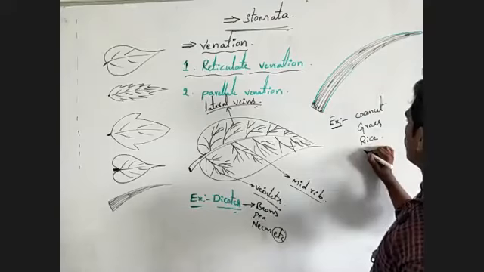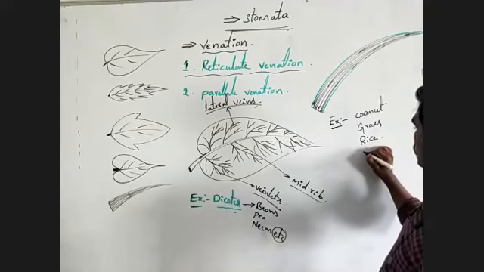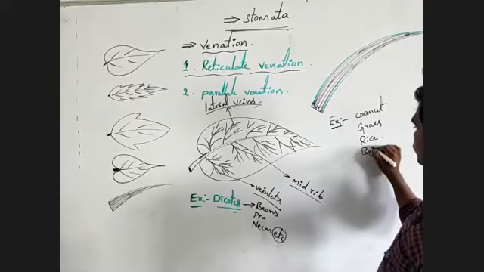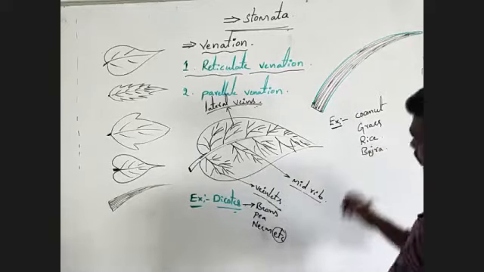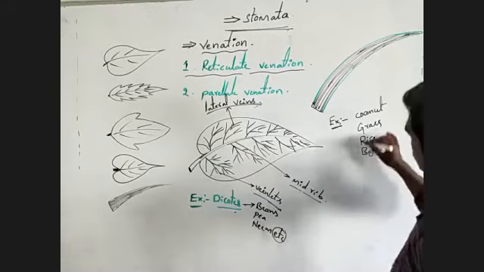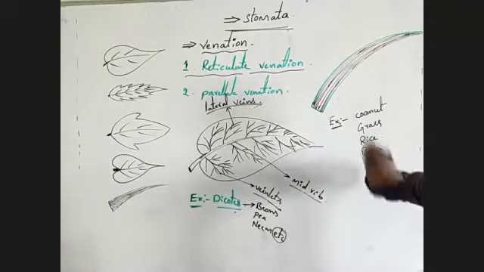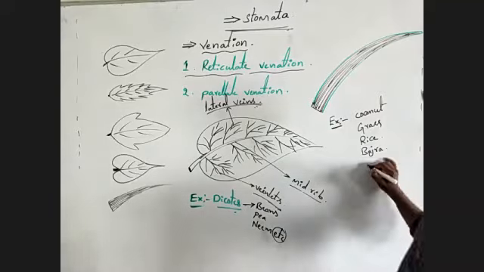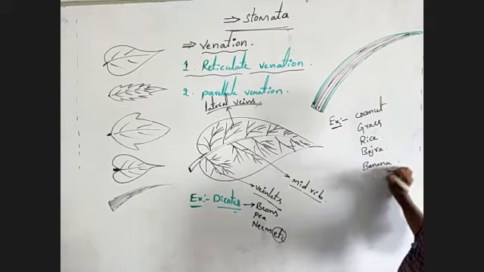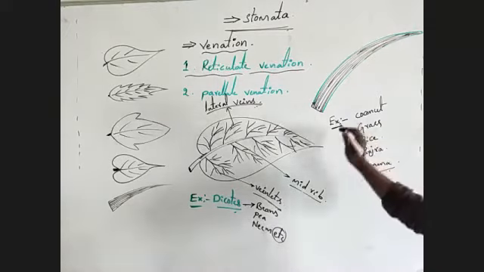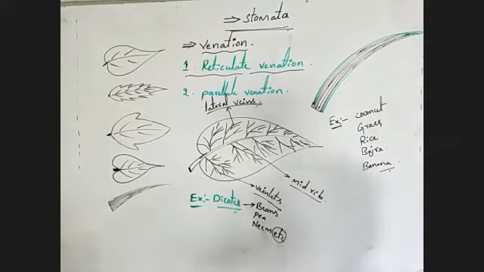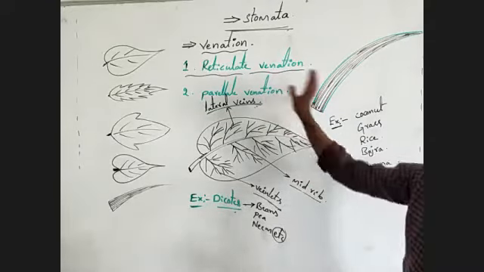Next, all monocots, like bajra, maize, sorghum. Like this, these are all examples for parallel venation. Next, banana. Like this, there are different types of examples for parallel venation.